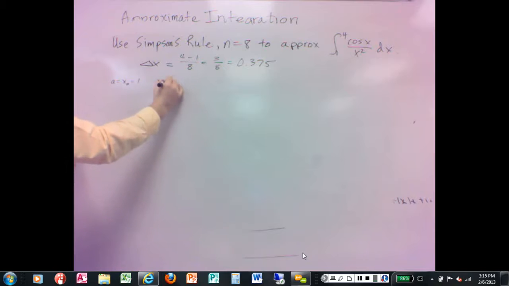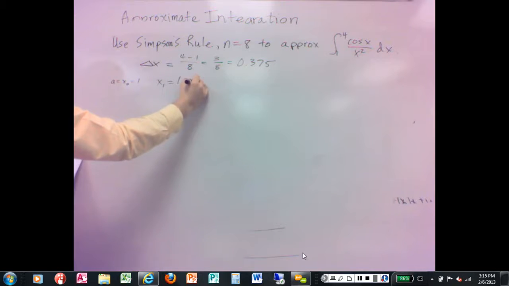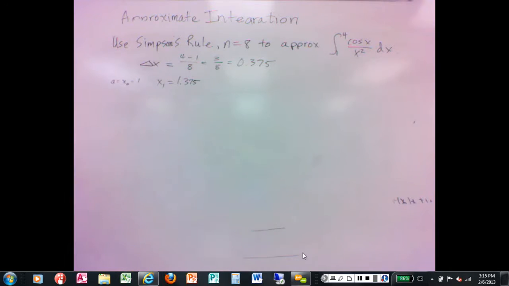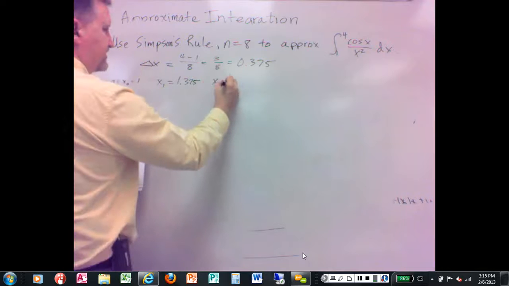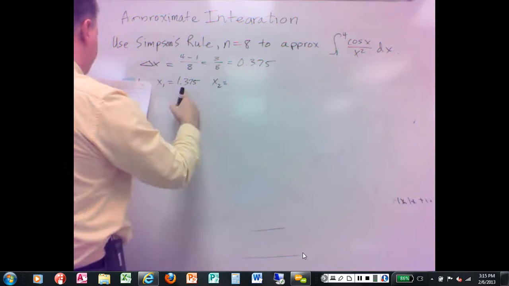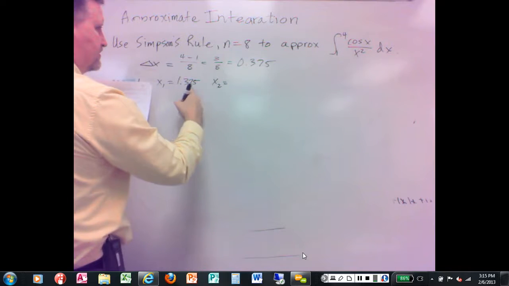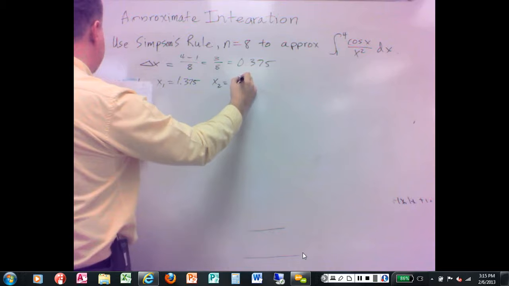Then x sub 1 is 1.375. Get this right. X sub 0 is the first one, so it's 1. X sub 1, just add the delta x to that. Then x sub 2, add delta x to that. 1.375 plus 0.375 is 1.75.